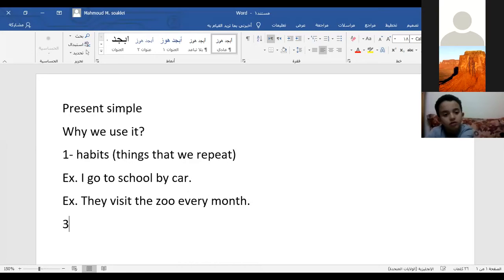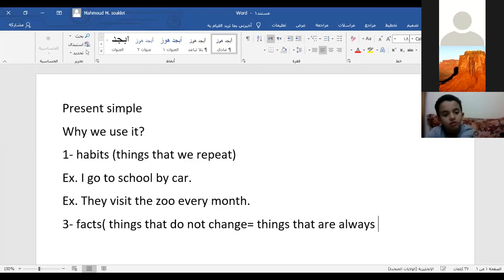What else? We use present simple for facts. What are facts? Facts, things that do not change. It means things that are always true.